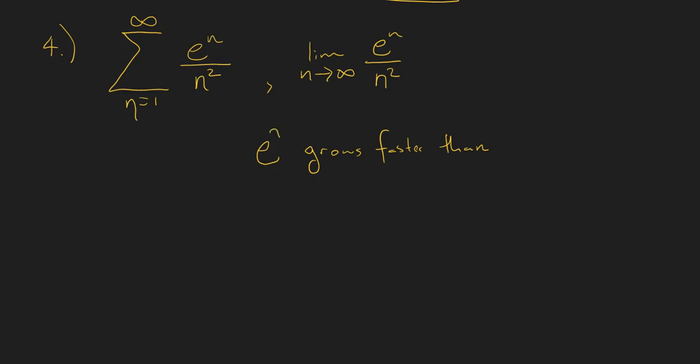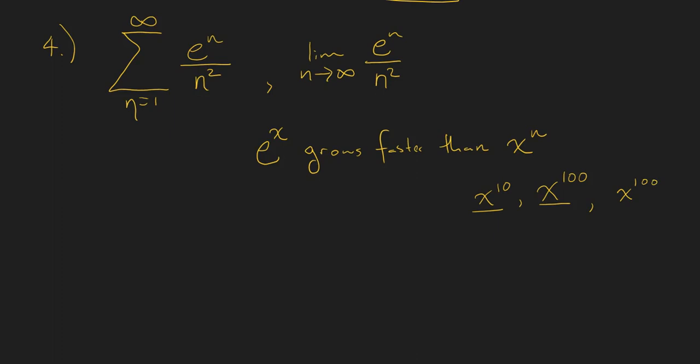So e to the x, the function e to the x grows faster than x to the n, meaning if we have any function x to the 10th power or even x to the 100th power, e to the x will always grow faster than any x to any power.